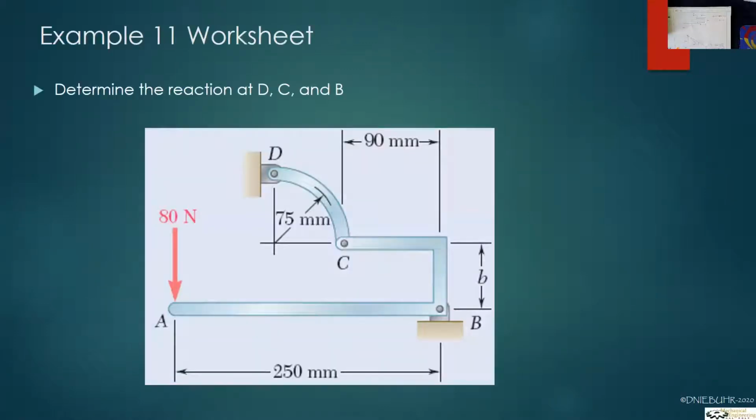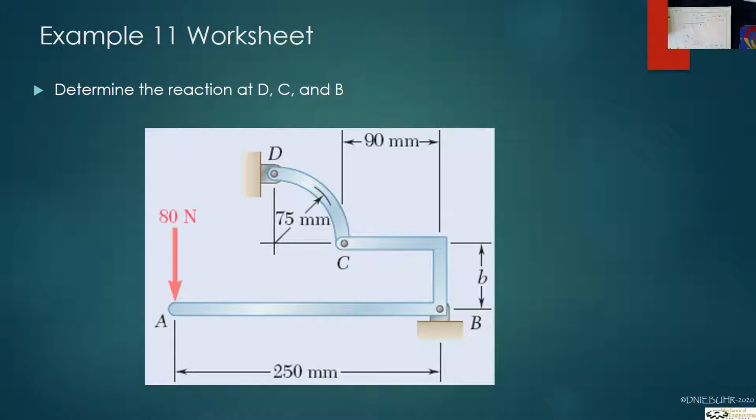So this one example is on the example 11 worksheet that I posted on Canvas. In this case, we're asked to find the reactions at D, C, and B. Now, when we first look at this, it's a fairly simple structure, but it's good to identify right away what's what. So DC is a 2-force member, if you haven't guessed already.